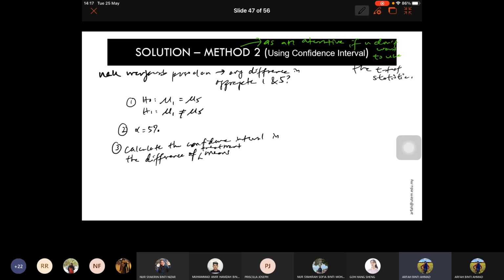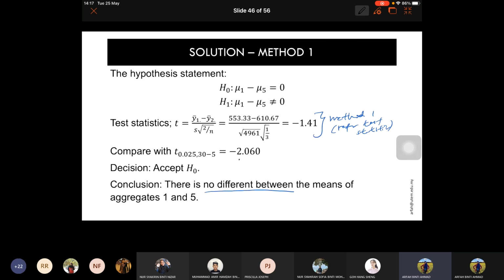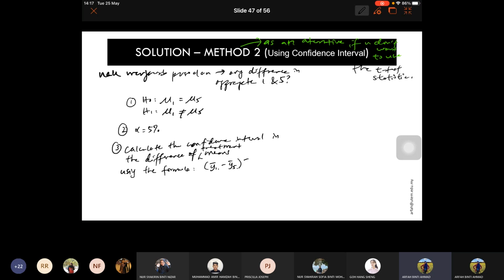That is using the formula y bar 1 dot minus y bar 5 dot, plus minus t alpha per 2, n minus k, s square root of 2 per n. Okay. So you calculate this one, this confidence interval. So yang berbeza adalah kat step ketiga.